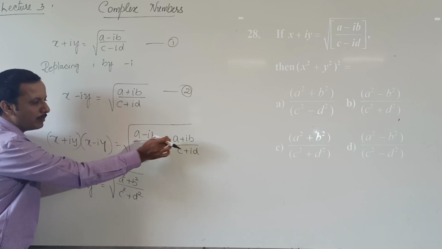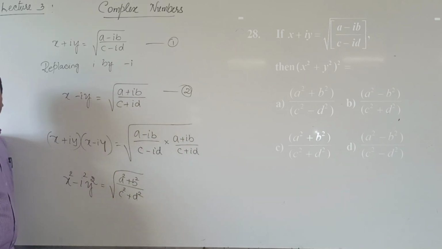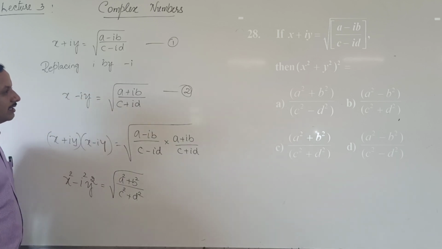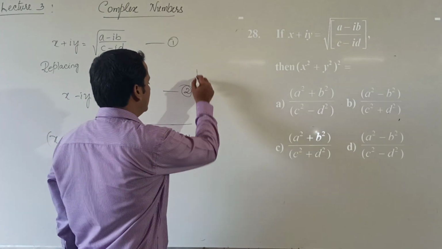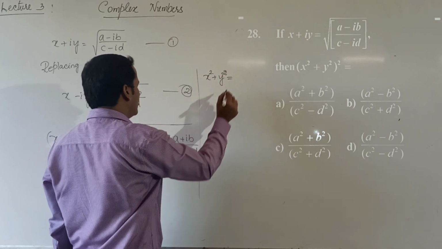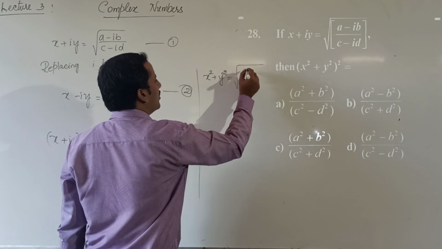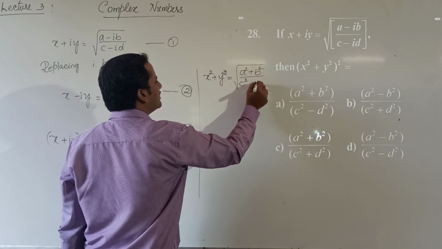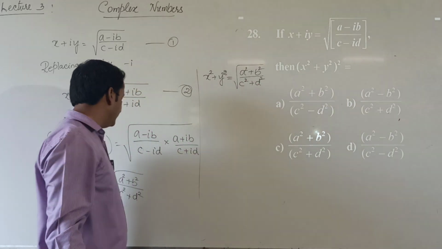Actually, I am getting a square minus i square b square. As we know, i square is minus 1, so minus of minus b square will become plus b square. And here i square is minus 1, so this will be x square plus y square. I'll write here x square plus y square is equal to square root of a square plus b square divided by c square plus d square.